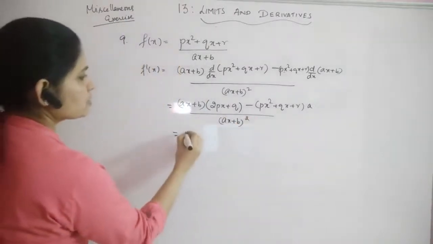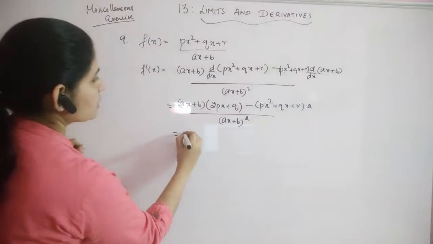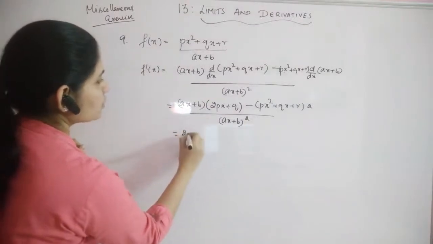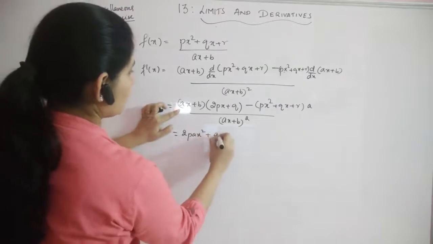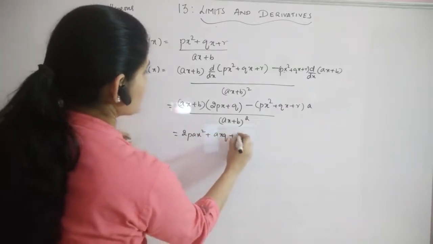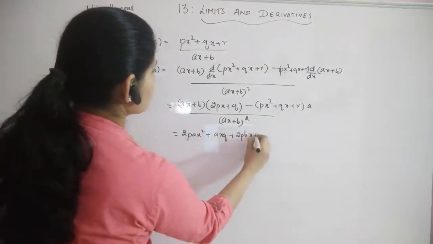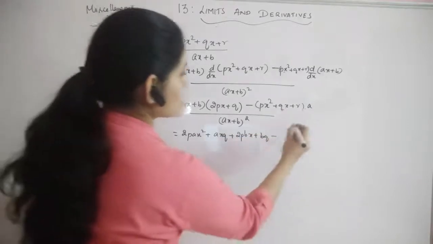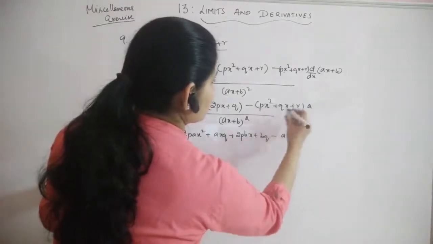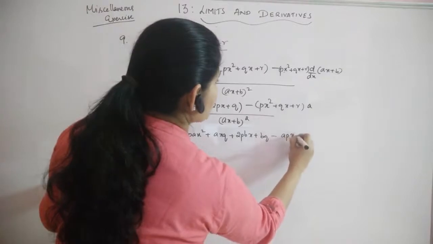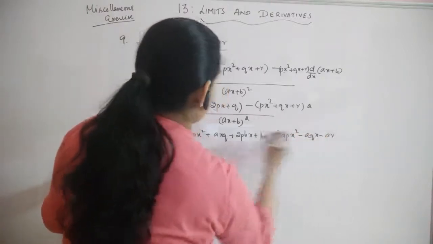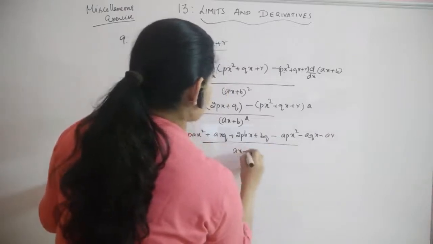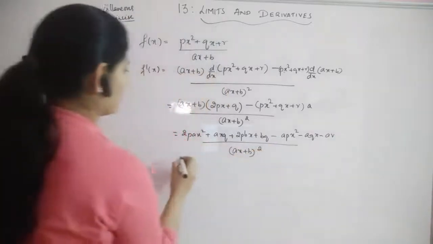This is equal to, again we are just multiplying, so you will get 2pax² + axq + 2pbx + bq minus, I'm just opening the bracket, apx² minus aqx minus ar, divided by (ax + b) the whole square.